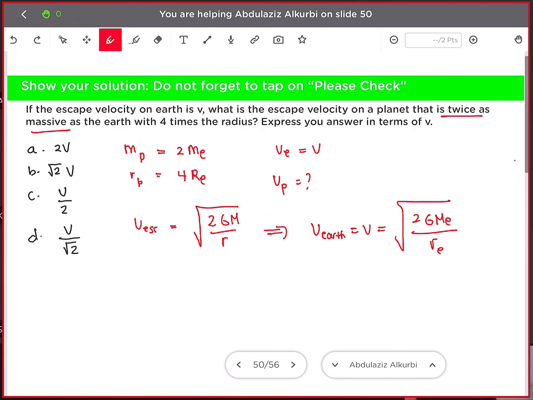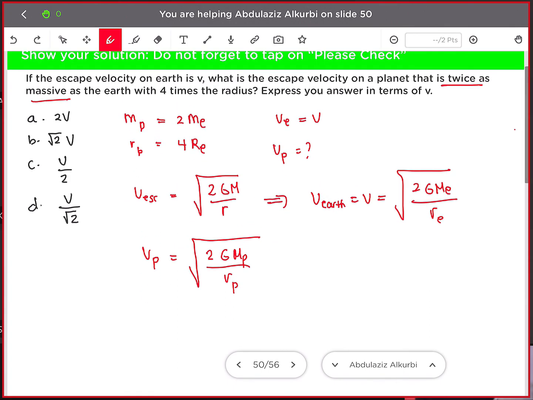Now let us apply the given to solve for the escape velocity of the planet. That is equal to the square root of 2G times the mass of the planet divided by the radius of the planet.